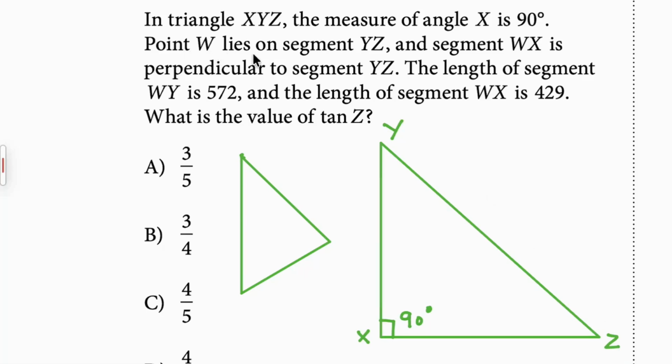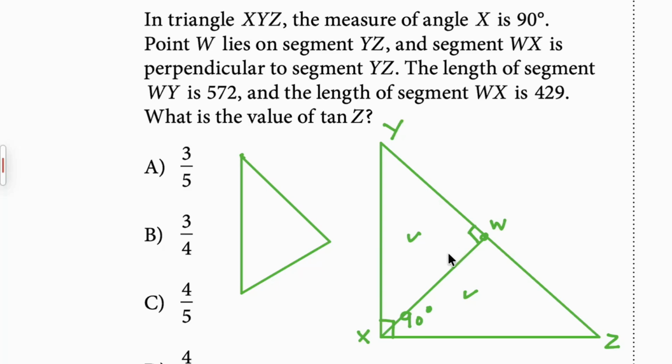Point W lies on the line segment YZ and segment WX is perpendicular to YZ. So point W lies on YZ, somewhere here. And WX, that means this one, is perpendicular to YZ. This angle is 90 degrees. Now we have three triangles: this smaller one, and the actual bigger one.